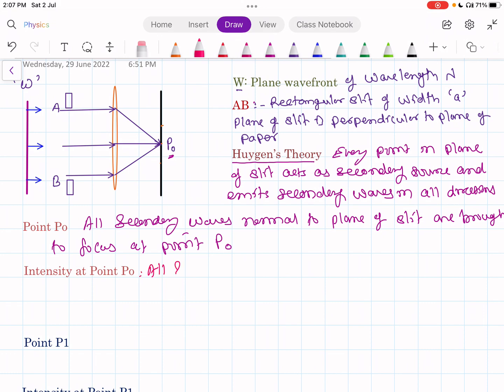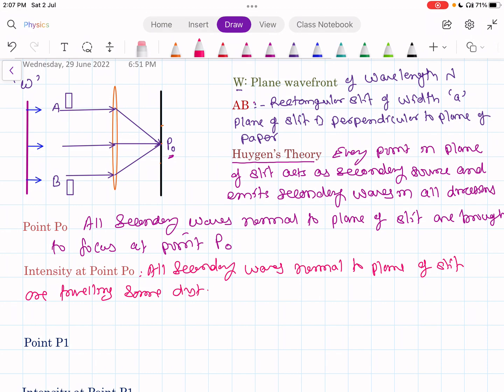All secondary waves which are normal to plane of slit are traveling same distance to reach at point P naught.